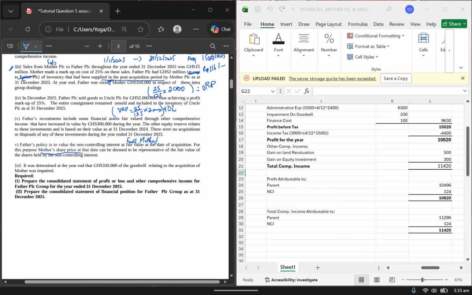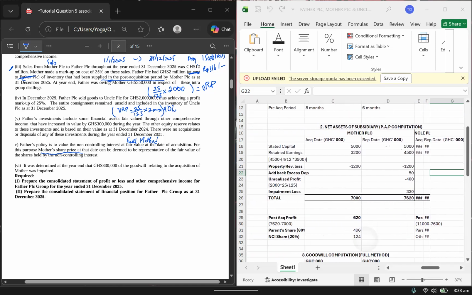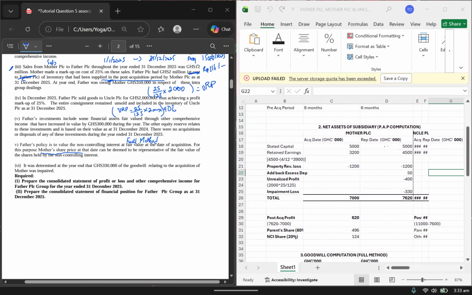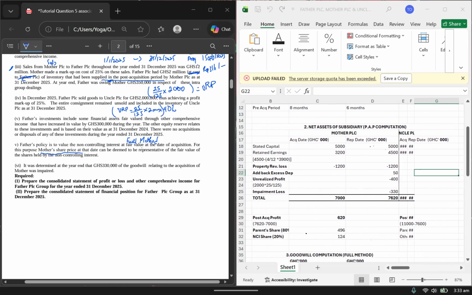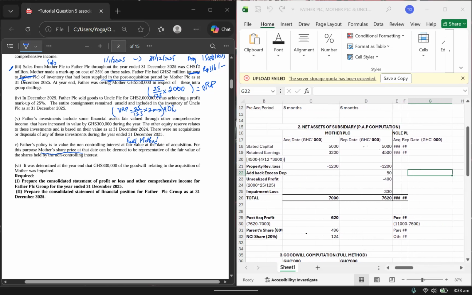We took this 124. The 124 is the parent share of the post-acquisition profit, because we've subtracted the impairment loss from it. That's why I went ahead to use the 124.